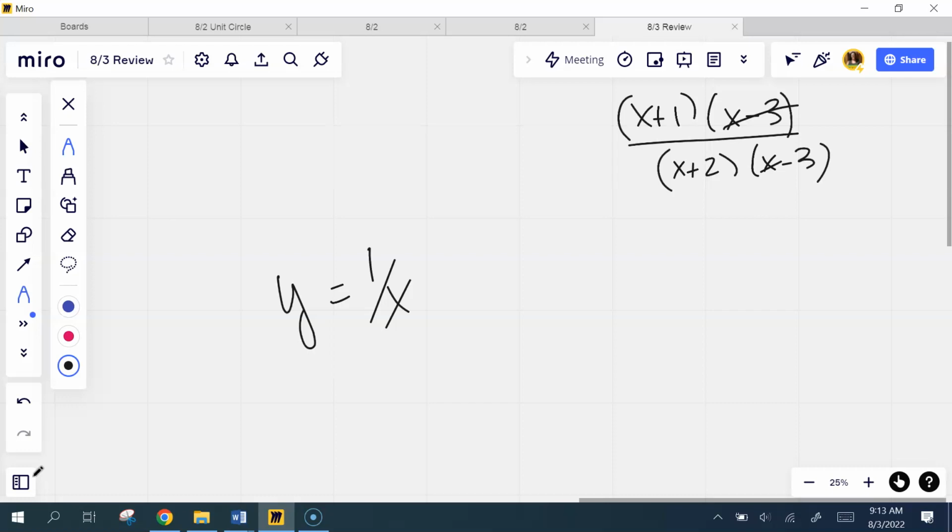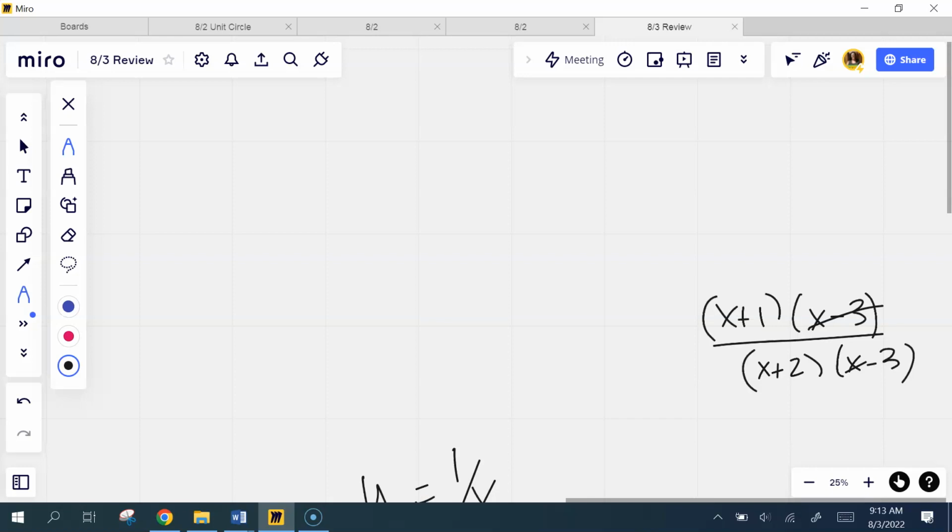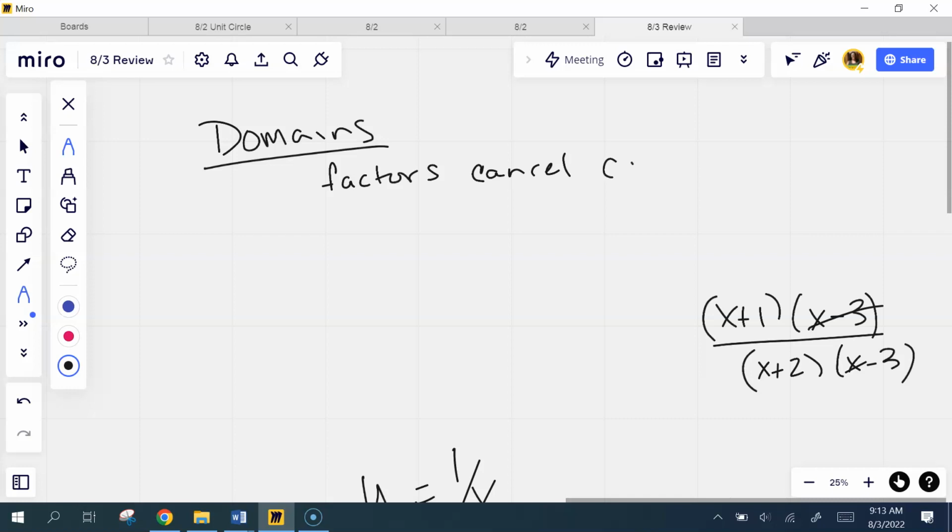Are y'all sure you remember? No? So you have factors that cancel out. Factors that cancel out cause holes. If nothing cancels, where the bottom equals 0, those are vertical asymptotes.